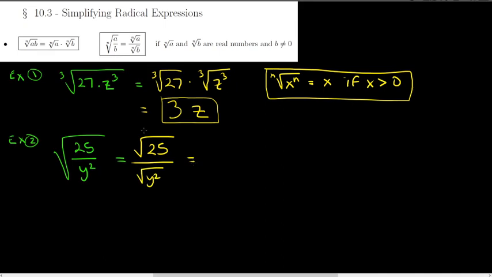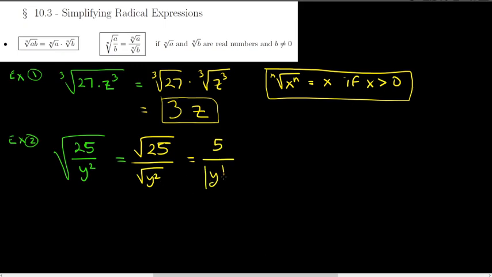So the square root of 25, and I know that looks like an s, that's supposed to be a 5, right? That's supposed to be a 5 as well. Well, the square root of 25 is 5. And the square root of y squared is y.